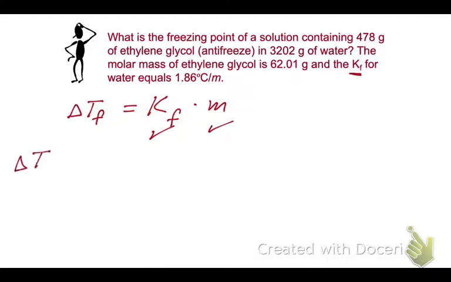So delta Tf will equal, Kf is given as 1.86 degrees Celsius per molal, times molality. Molality is moles of solute over kilograms of solvent. Now, do I have grams of solute?